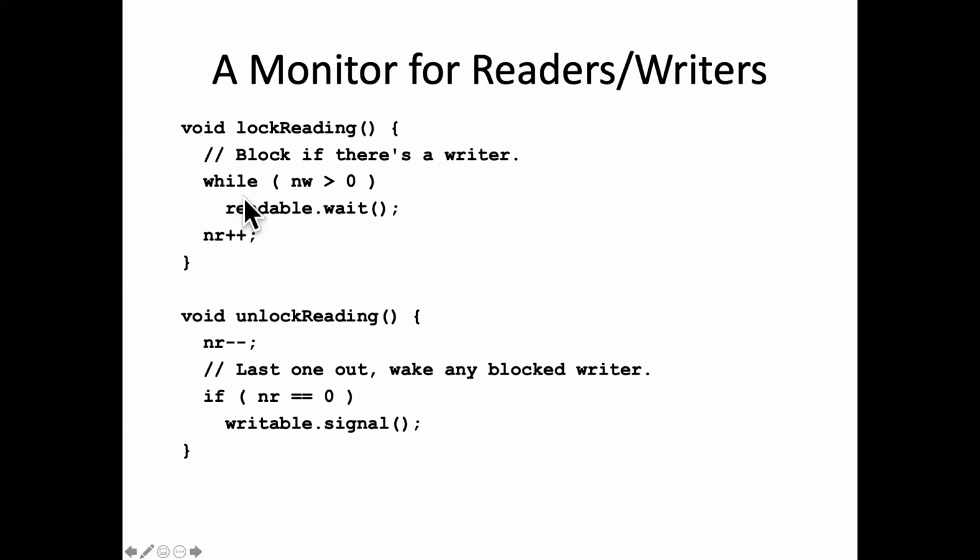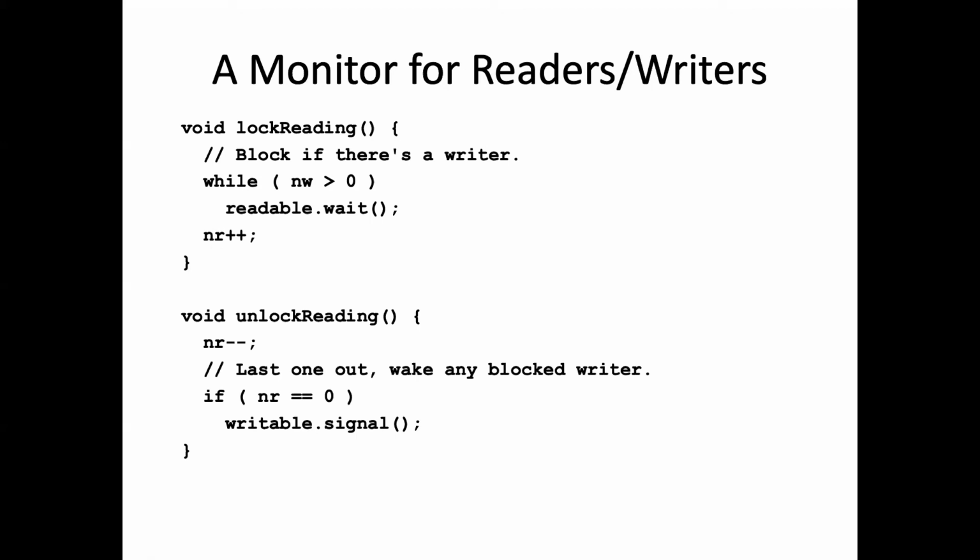So that's what we check. If the number of writers is positive, we wait until it's okay to read. This is that readable condition variable we looked at. Even if someone wakes up, we still check that condition again before we give out the reading lock. Once it's okay to read, we count one more reader, so we increment the number of readers.